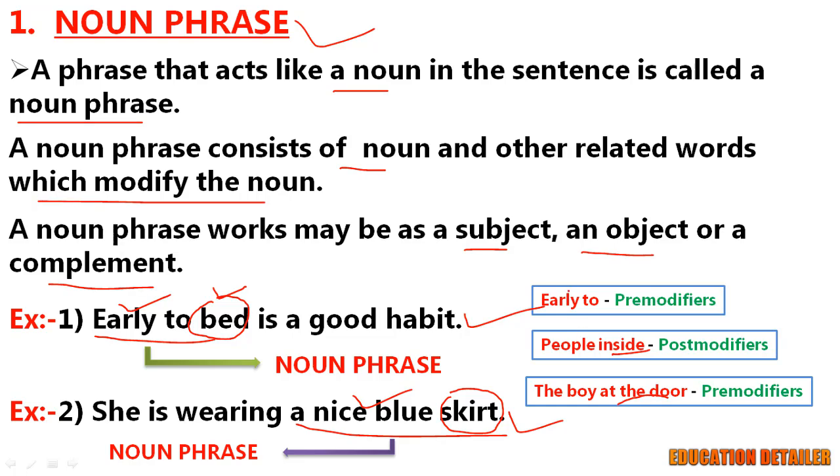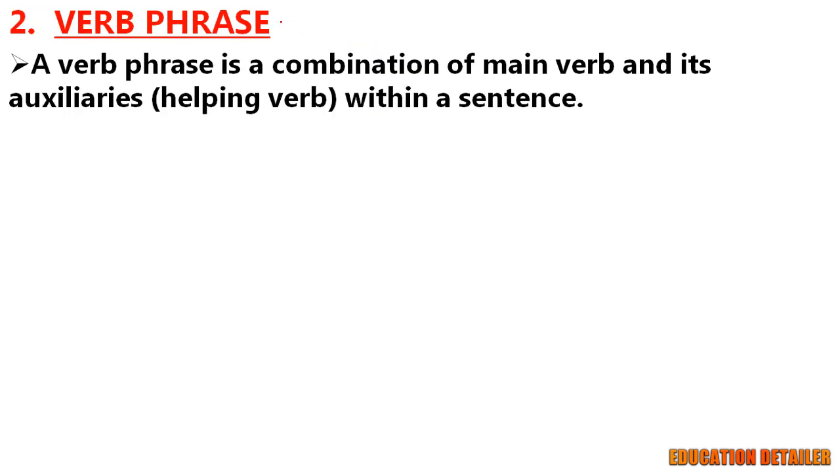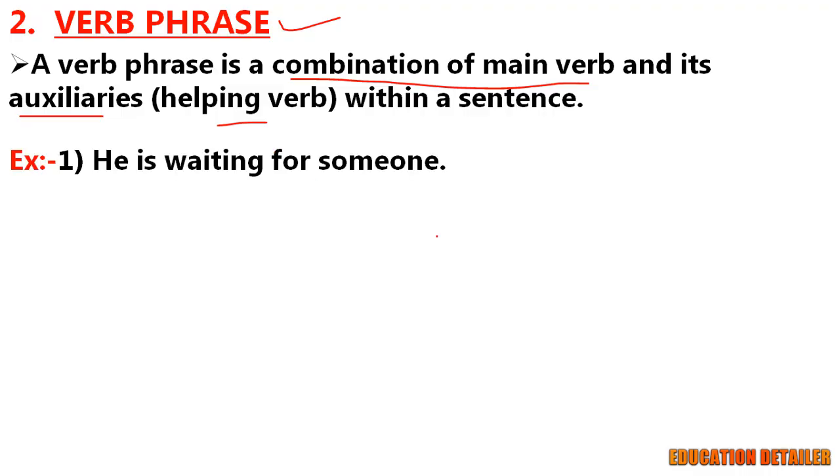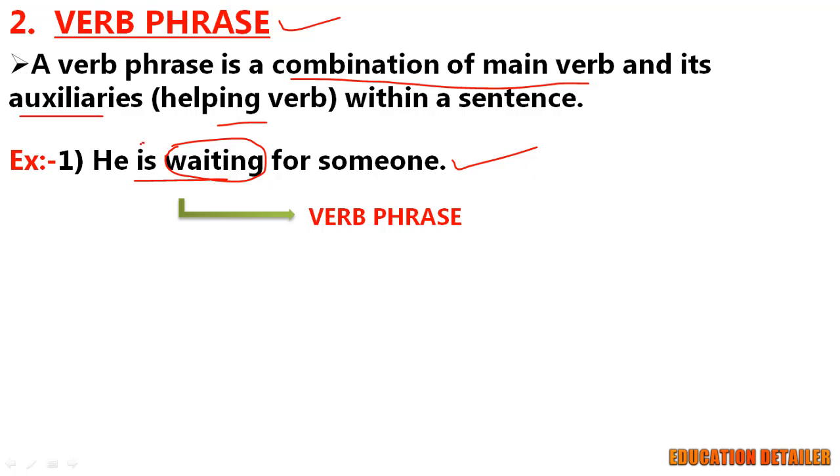Okay, let's move on to the second type of phrase, verb phrase. A verb phrase is a combination of a main verb and its auxiliaries, helping verbs, within a sentence. In the first example, he is waiting for someone. Is waiting is a verb phrase as it contains a main verb wait and a helping verb is.